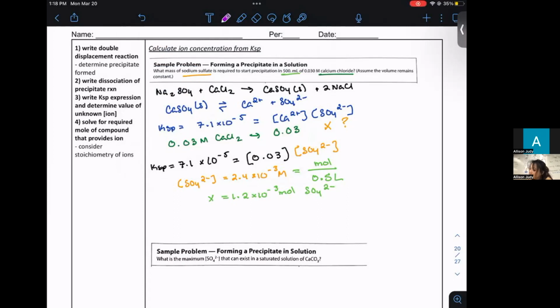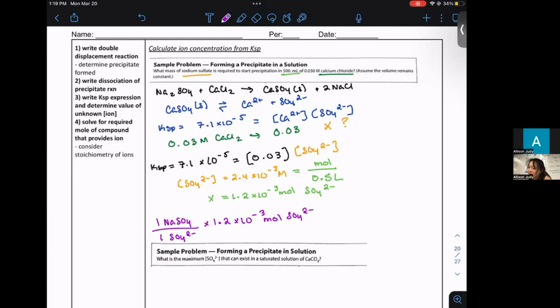And something you have to remember is that sodium sulfate has a 1-to-1 ratio with sulfate ion. So for every 1 sulfate ion, I have 1 sodium sulfate. So I multiply that times 1.2 times 10 to the negative 3 moles of sulfate, and that gives me the moles of sodium sulfate.